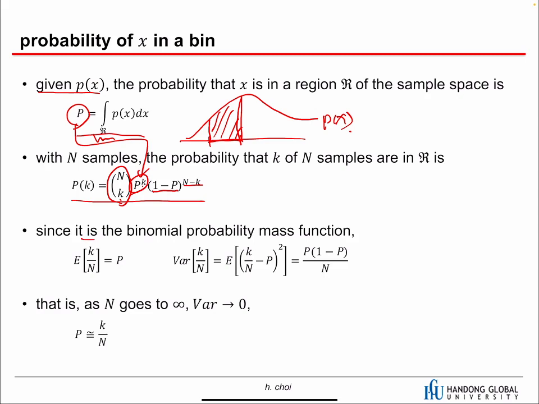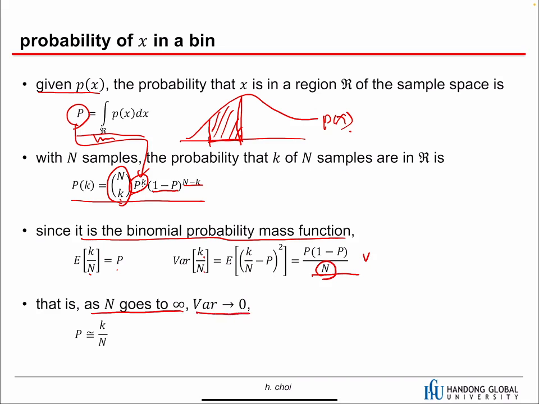And this is the binomial probability mass function. The expectation of k over n is p, and the variance of k over n is this. As you can see here, as n goes to infinity, the variance will converge to 0.